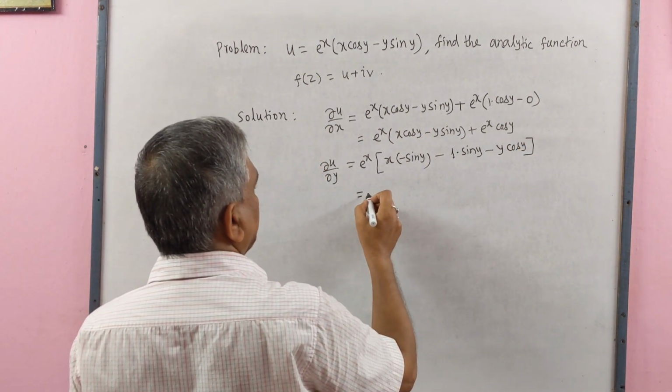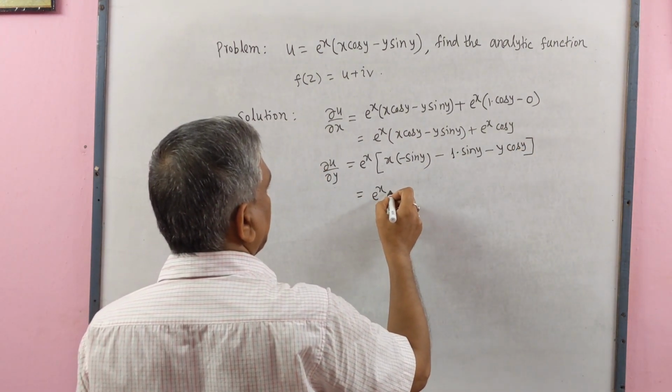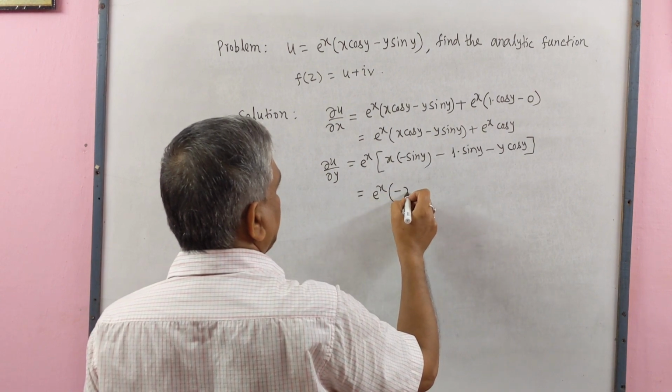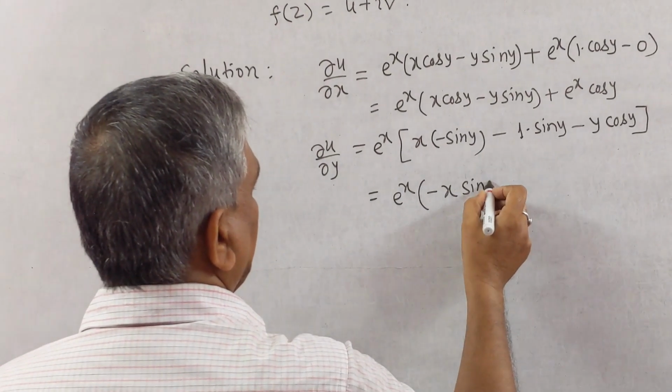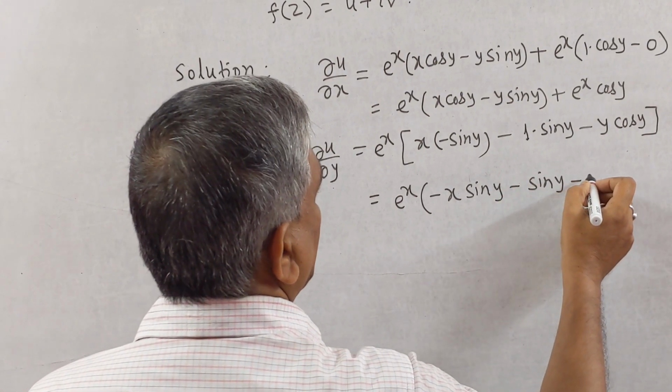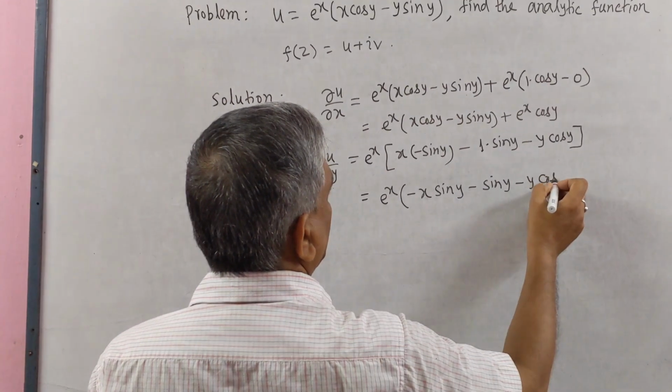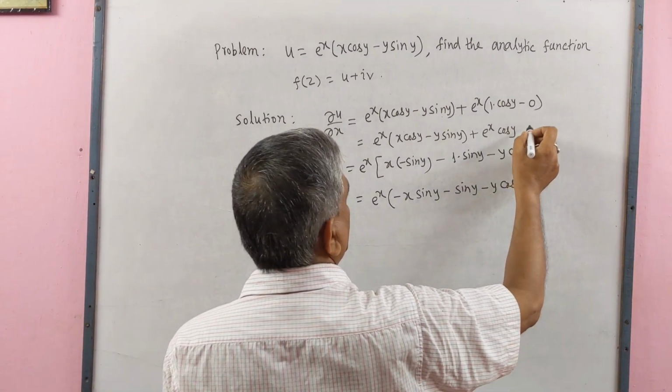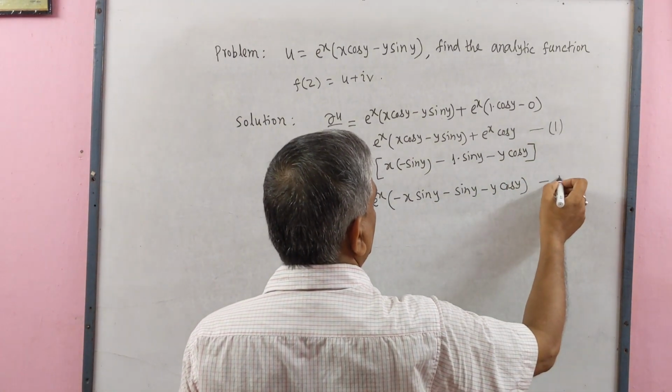This is equal to e^x (minus x sin y minus sin y minus y cos y). This is number 1, this is number 2.